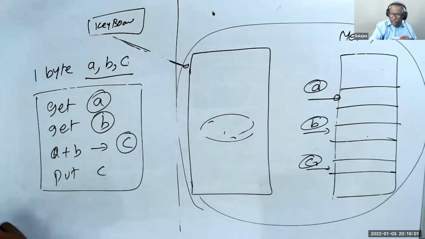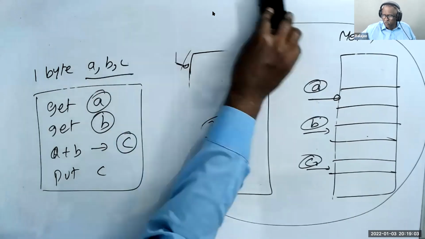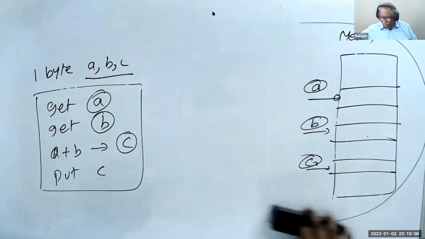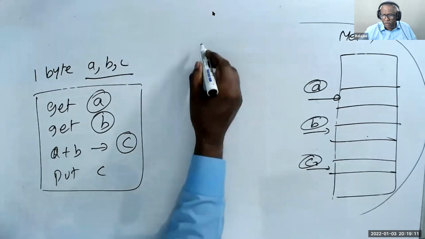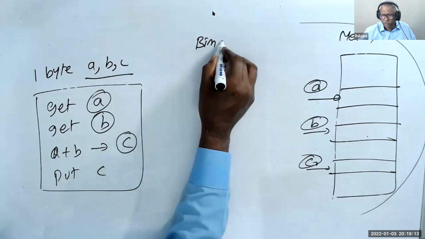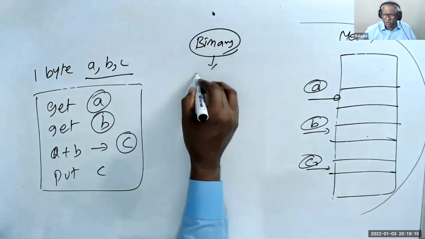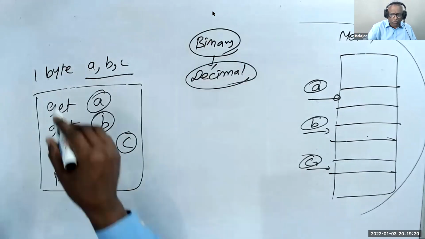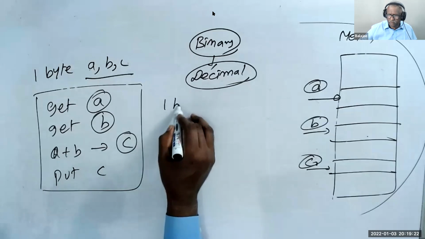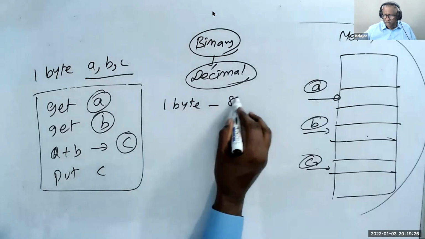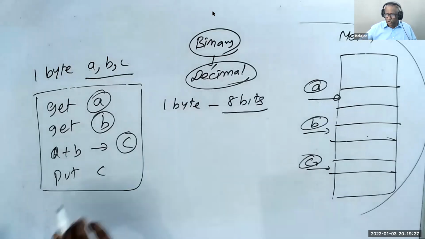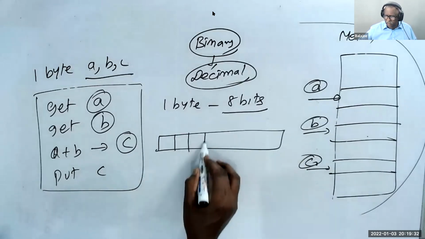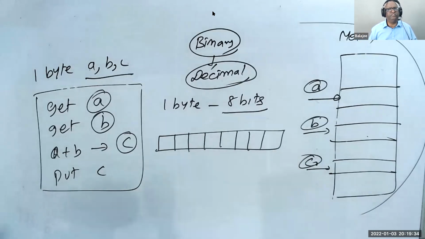Now we come to the very important point. What is called 1 byte? Now you have to know a little bit about binary and decimal. If I say 1 byte, it means 8 bits. If you say 8 bits, it means I have 8 locations.